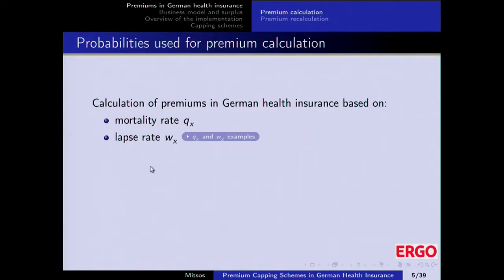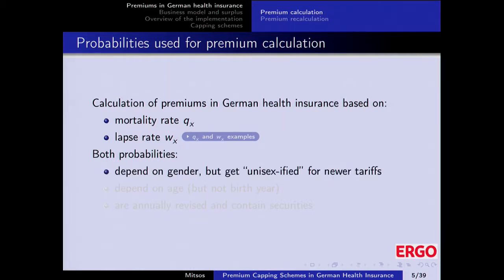Both probabilities depend on gender, but starting with the year 2013, we are obliged to unisexify them for newer contracts. It was a decision of the higher European Court that we had to sell only unisex contracts.